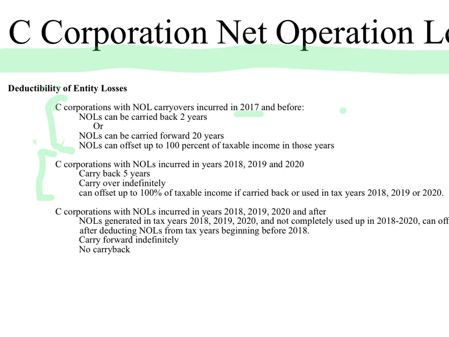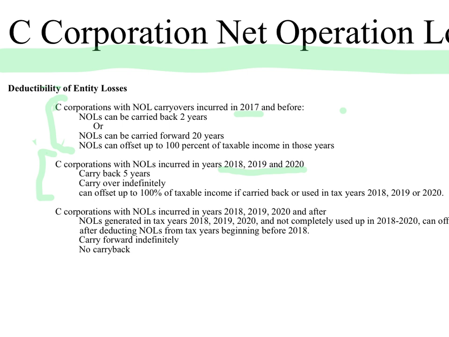The CARES Act came after the Tax Cuts and Jobs Act, and the CARES Act came as a result of COVID and the desire to help businesses through the COVID years and to try to minimize the long-term impact of COVID. All right, so now we've got net operating losses incurred in 2018, 2019, and 2020, okay?